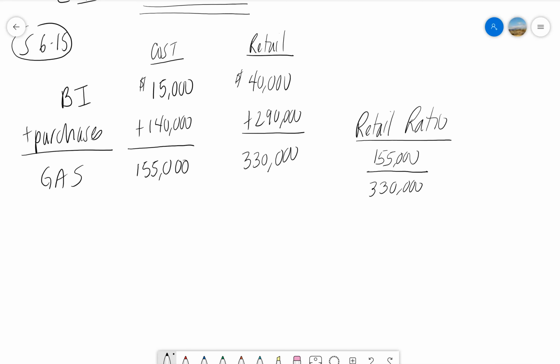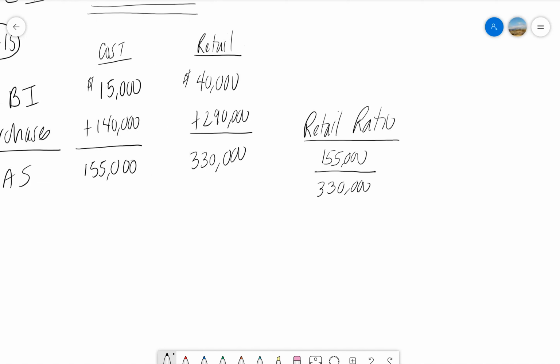And this is going to give us a ratio. And once again, let's just round this to 4 decimal places, so 0.4697. So the retail ratio is the cost of the goods available for sale at the cost divided by the goods available for sale at the retail price. And so this is going to give us our retail ratio.